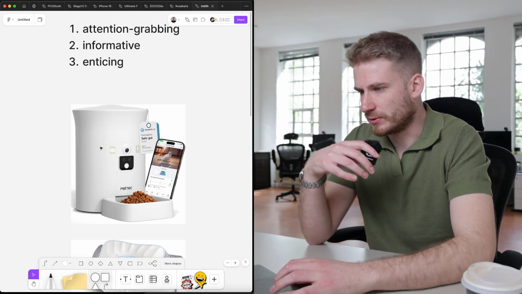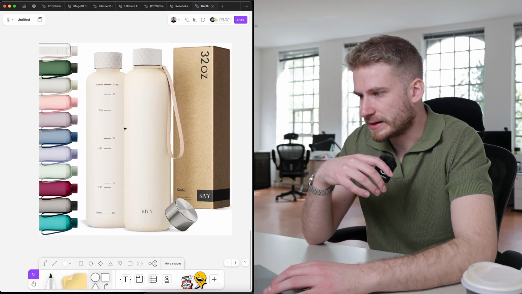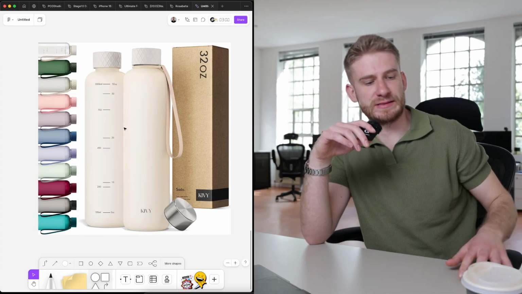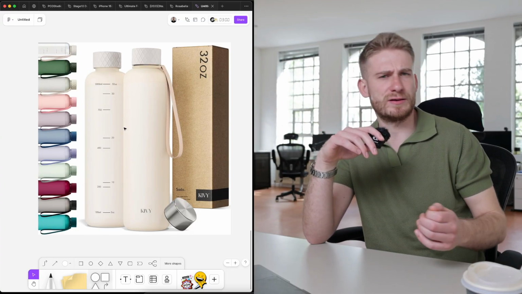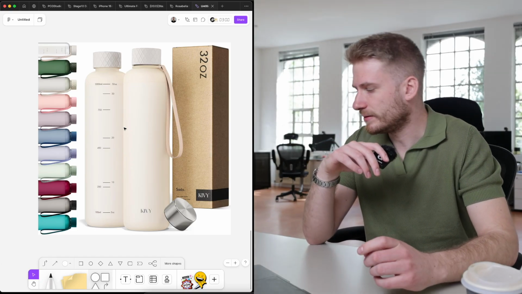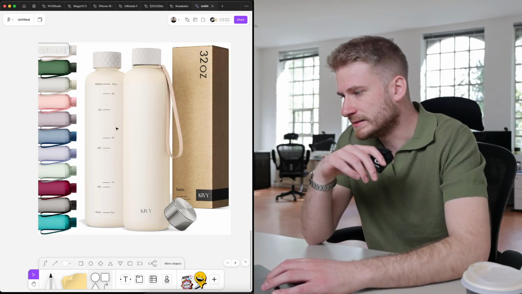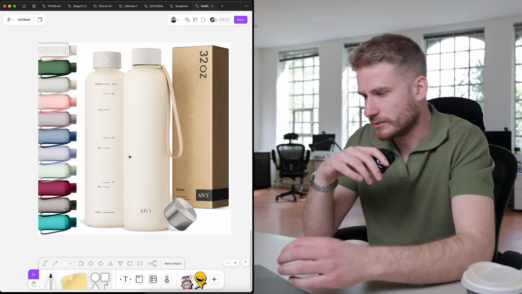And for example, if it's a very good 3D render, this can already be enticing enough in a space where for example, the competition is not that high quality. It's like, oh, okay, this looks a lot better. This looks a lot higher quality than others. And this will result in more people clicking your product.